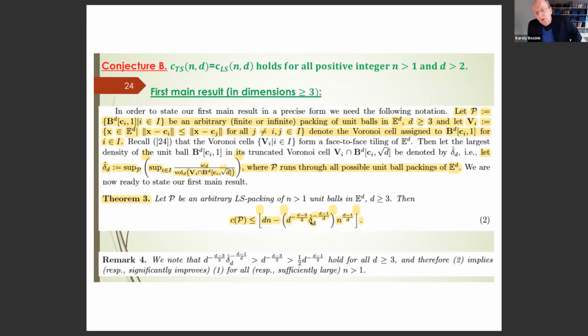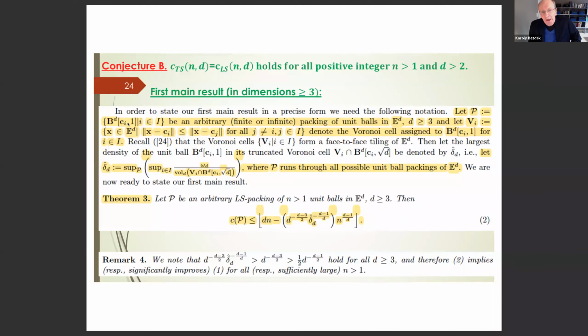There is a new quantity entering here, which is not really new, and I'm using the notation delta sub d hat. This is not the largest density of unit ball packings in d-space. It is a variant of it. What I'm doing here is taking a unit ball packing in d-space, B^d(c_i, 1), where the c_i refer to the packing elements. So this is a unit ball centered at the point c_i, and they can be finite or infinite.